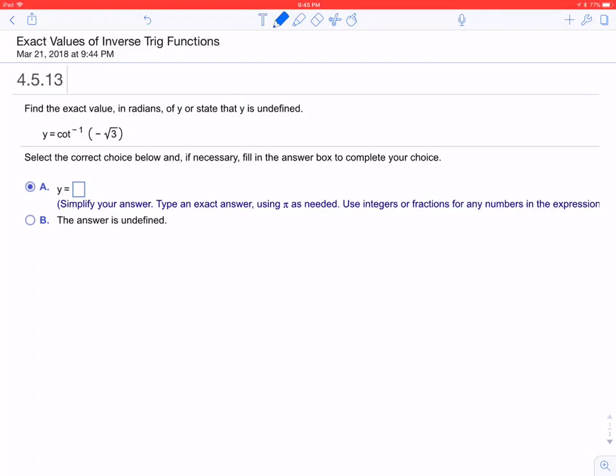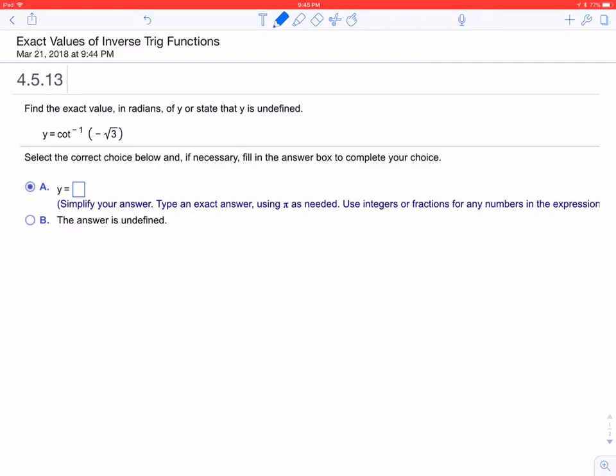This question comes in from Trig on inverse trig functions: finding the exact value in radians of y, or stating that y is undefined. So we're given y equals inverse cotan of negative square root of 3.